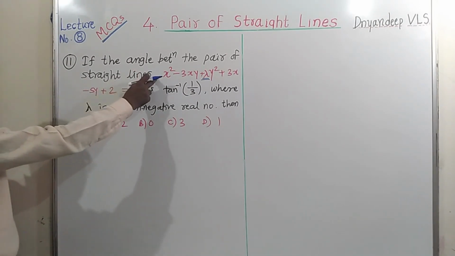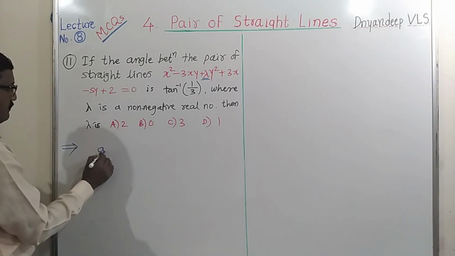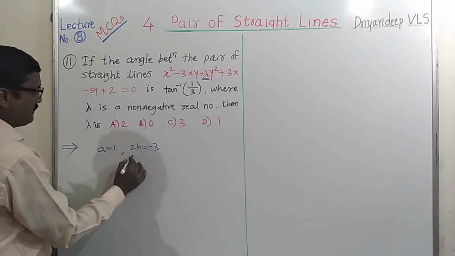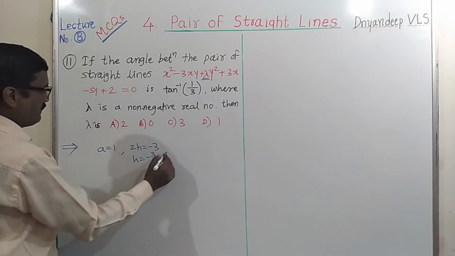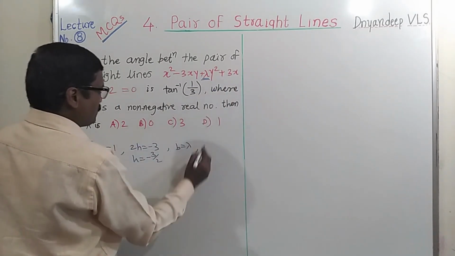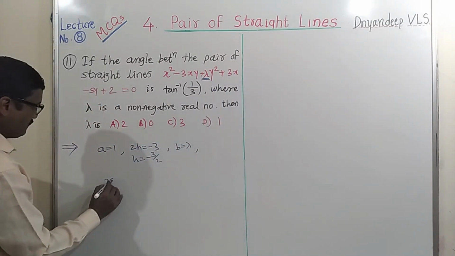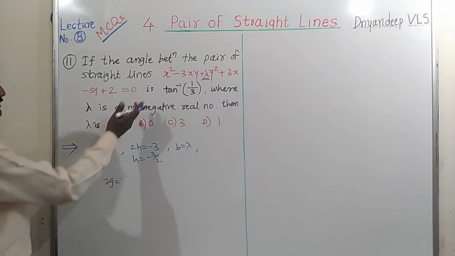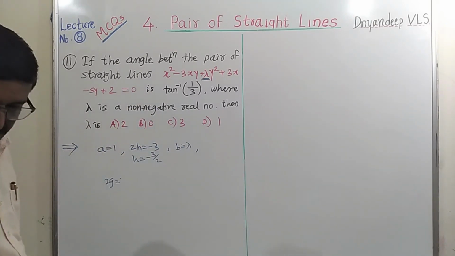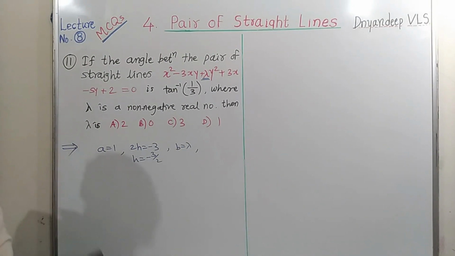Comparing this equation with the general second degree equation, we get a equal to 1, 2h equal to minus 3, so h equal to minus 3 by 2, b is equal to lambda, and 2g equal to 3. But we need only the angle, so these values of a, b, h are sufficient, no need to find f, g, c.